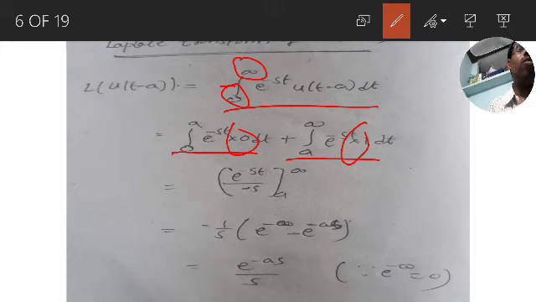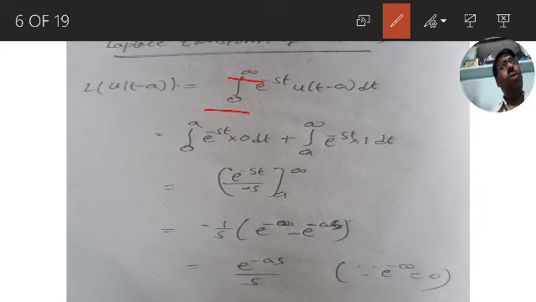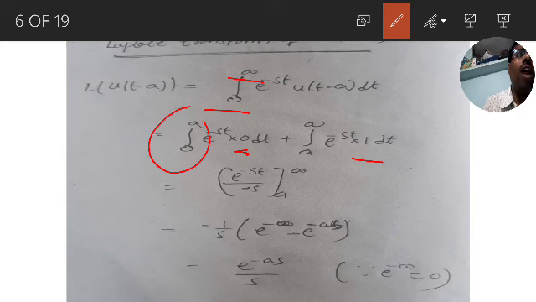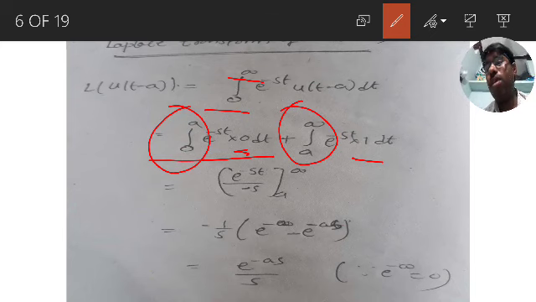The first integral becomes 0 because 0 into something is 0.